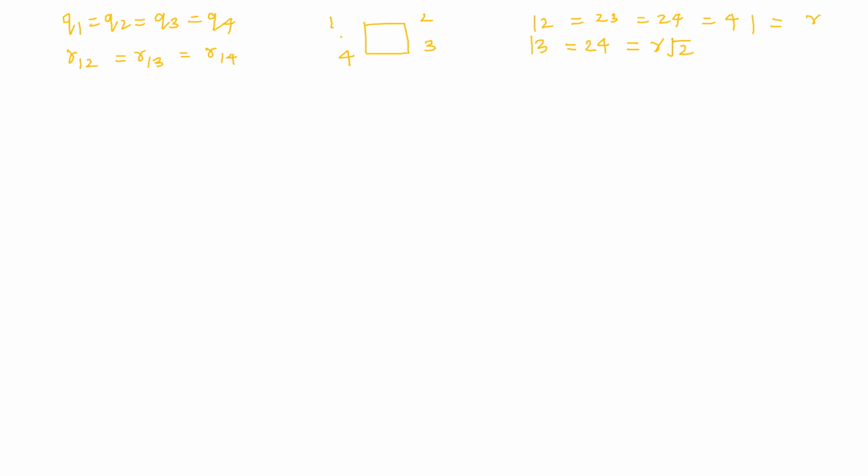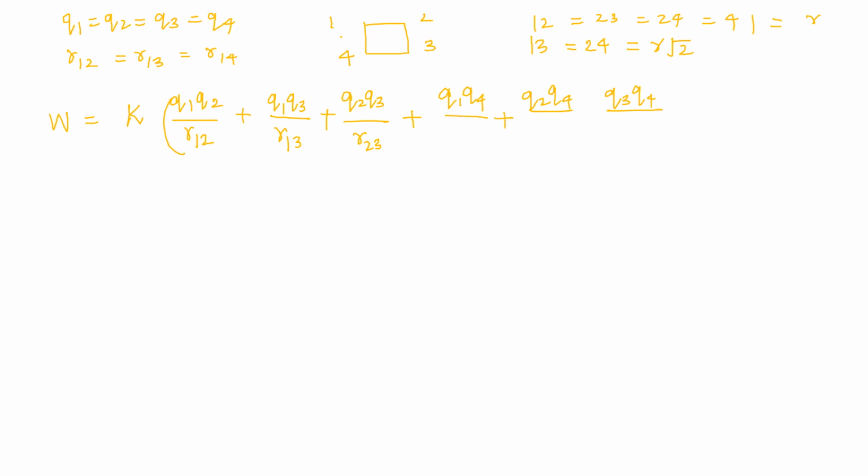So what exactly we got in the previous slide was work done equals K times Q1Q2 upon R12, plus Q1Q3 upon R13, plus Q2Q3 upon R23, then Q1Q4, Q2Q4, Q3Q4 upon their respective distances R14, R24 and R34.